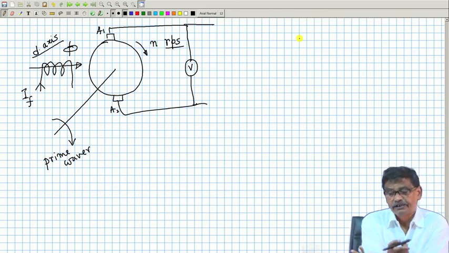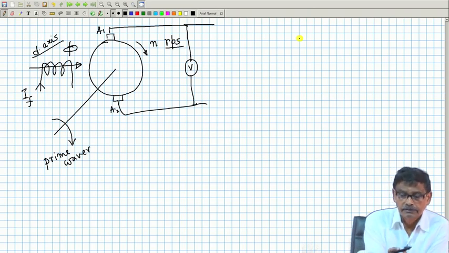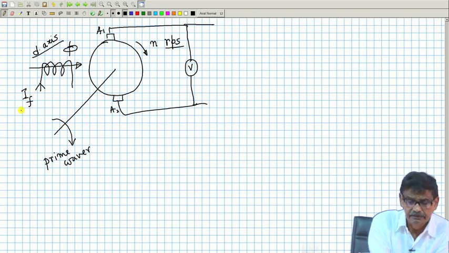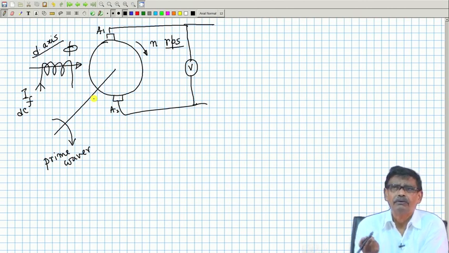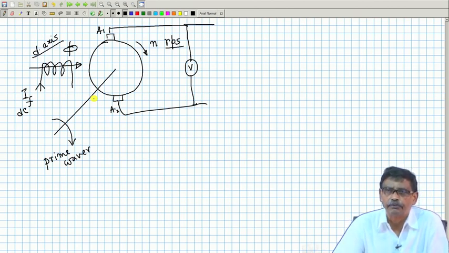Okay. First is how to calculate the flux. IF is known, and IF is DC. So, this MMF divided by the reluctance of the path will give you some flux per pole.